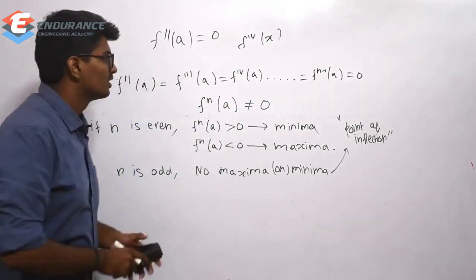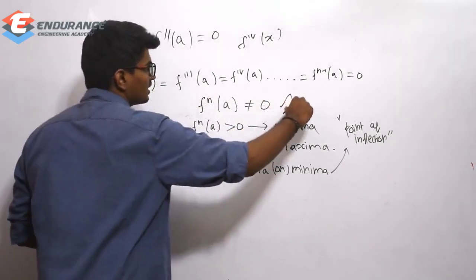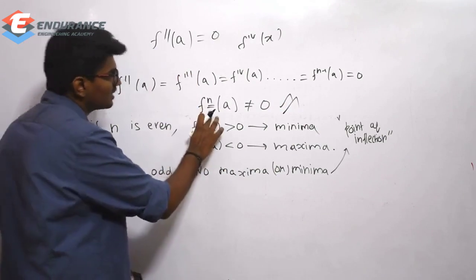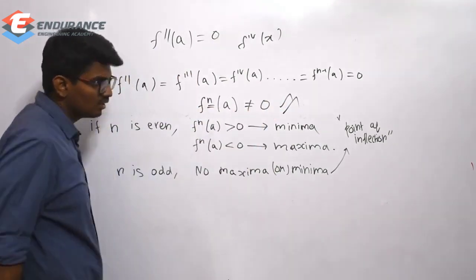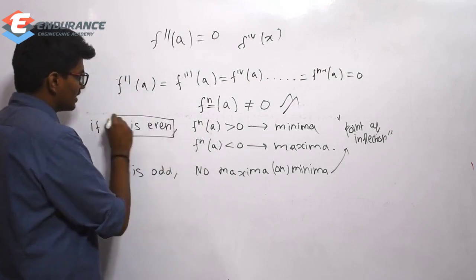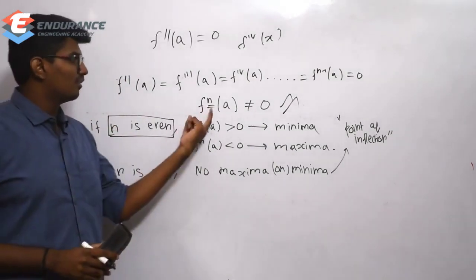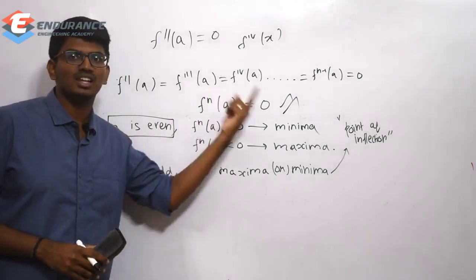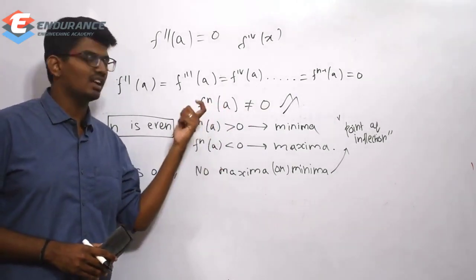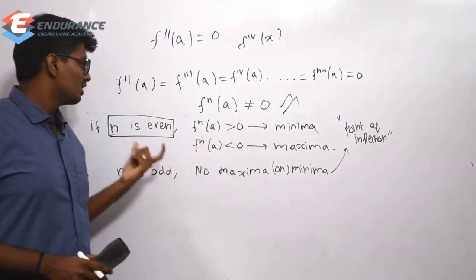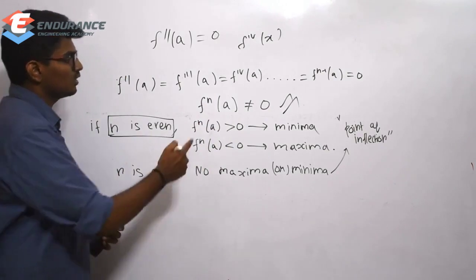Once we get the non-zero value, let us assume that at the nth differentiation, when I differentiate f of x n times, I am getting a non-zero value. Now the step remains the same. If n is even, which means when I differentiate it the second time, fourth time, sixth time, eighth time or 10th time, an even number of times, then you need to follow this step.